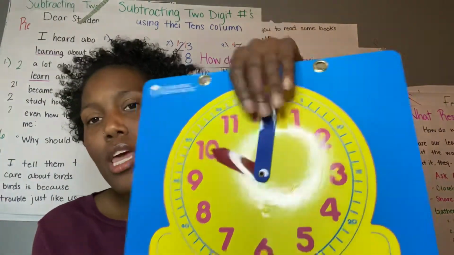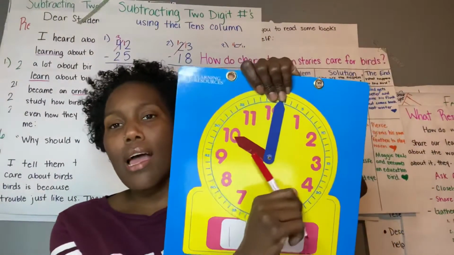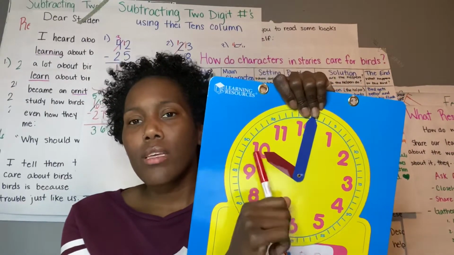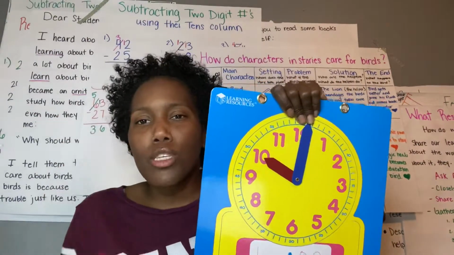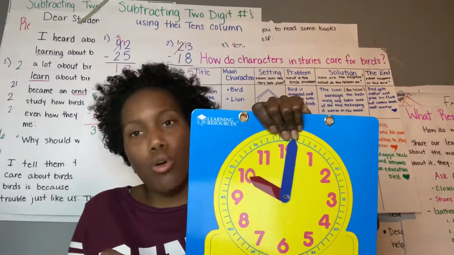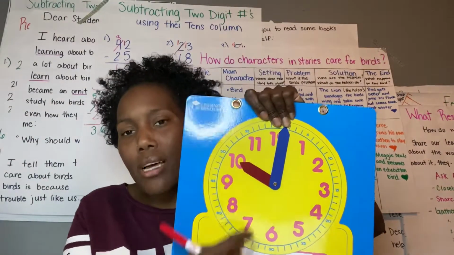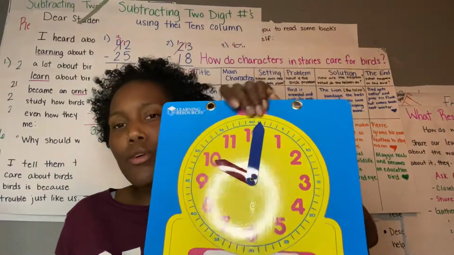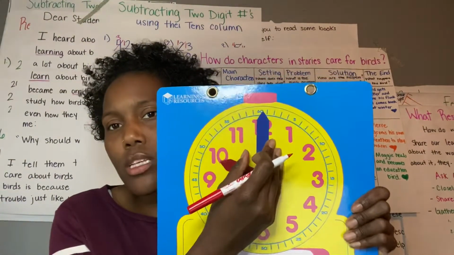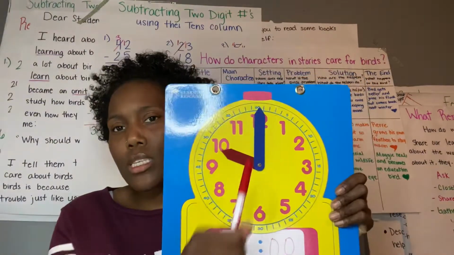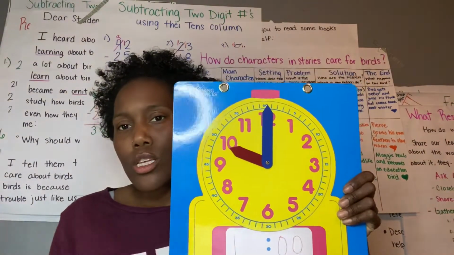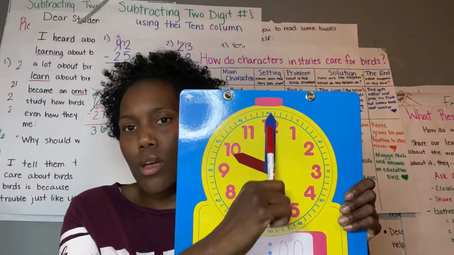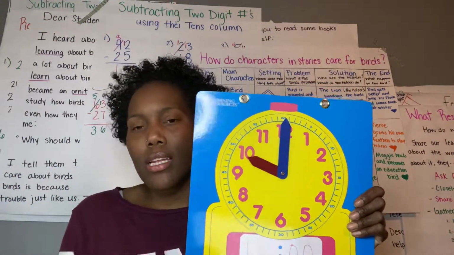And remember I told you that the hour hand is not going to quite cover that up. It touches it a little bit. It points to it. Sometimes the numbers are a little smaller. This is kind of a big clock, so it touches it a bit. And the blue hand is going to be on that 12 still because it's a new hour starting. So 10 o'clock. Blue on the 12, red on the 10.